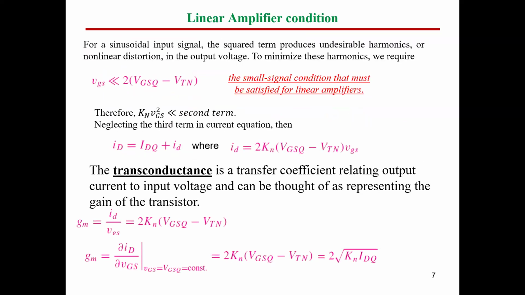So what should we do? To minimize these harmonics, we require that vgs should be much less than 2 times (VGSQ minus VTN). So the AC component vgs, which is the AC input, should be much less than VGSQ minus VTN.